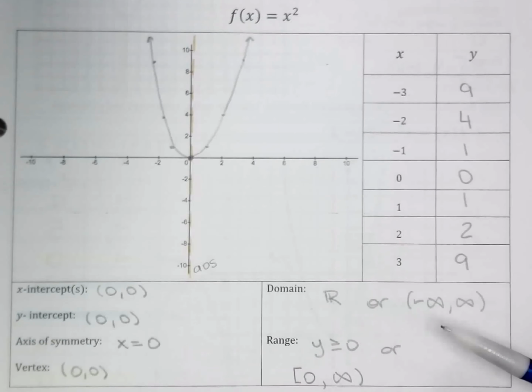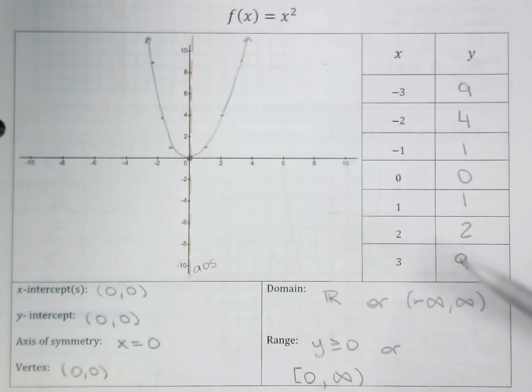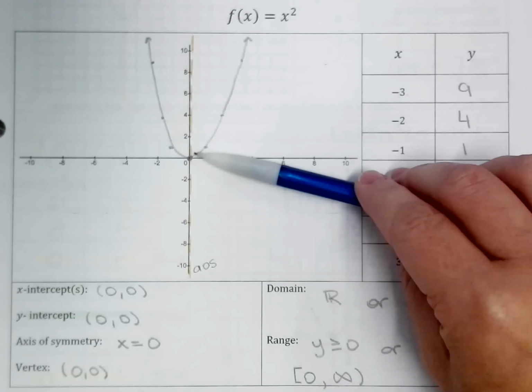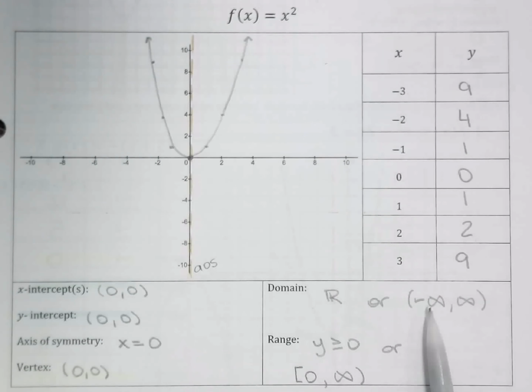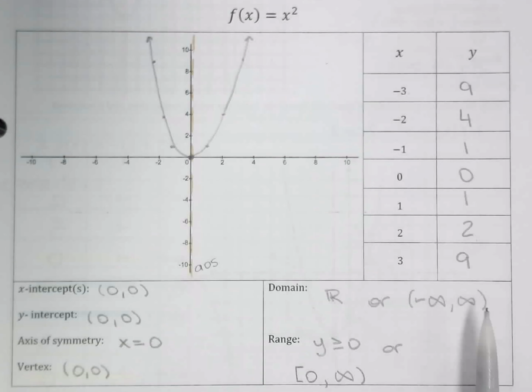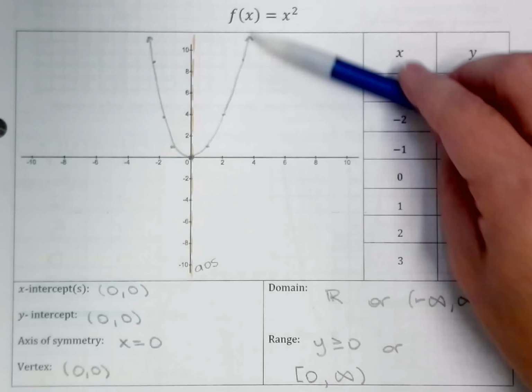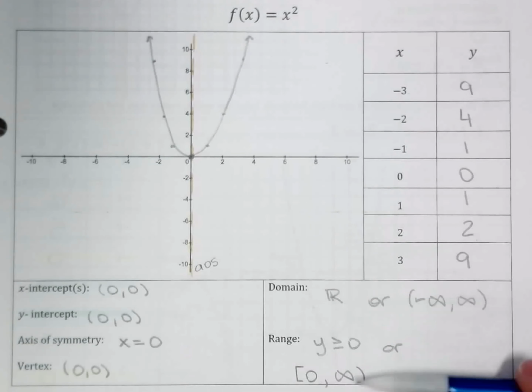Domain, we talked a lot about domain and range over Unit 1. So domain goes on forever, both ways on the x, from -infinity toward +infinity, or all real numbers. Now, the range for this parabola will be everything as long as it's greater than or equal to 0.